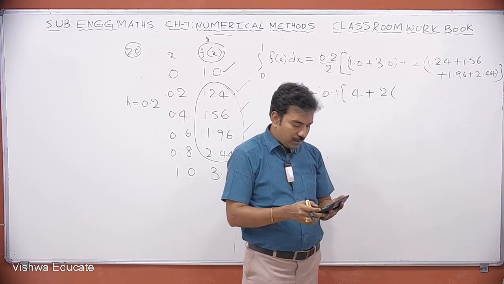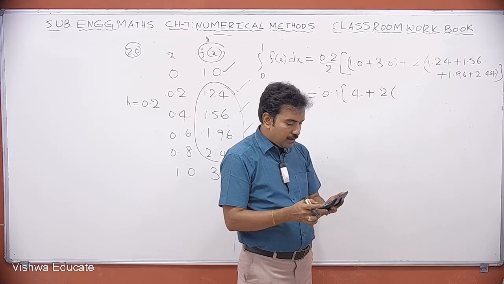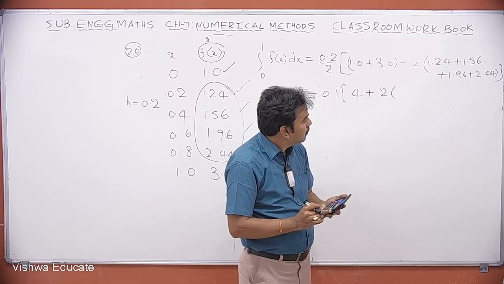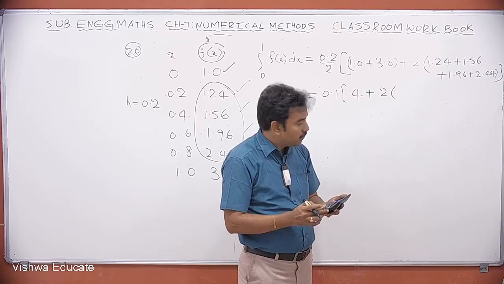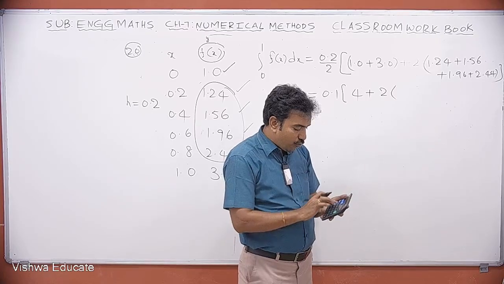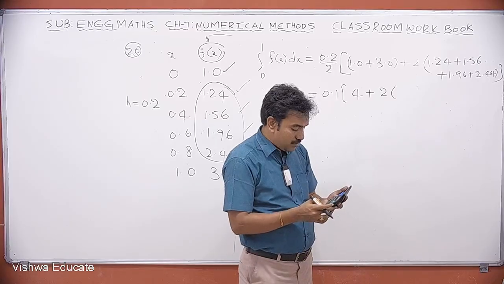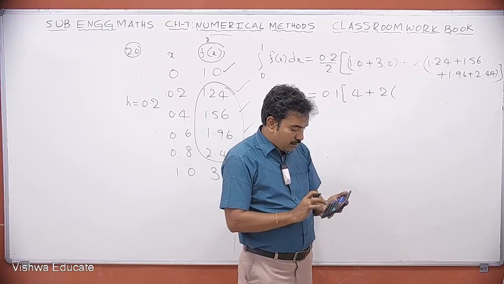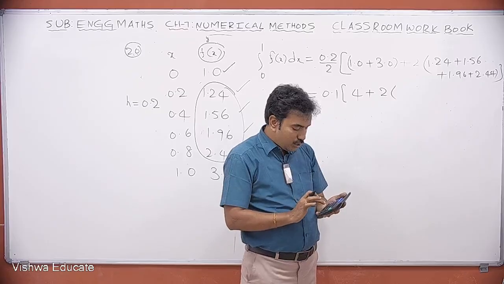1.24 plus 1.56 is equal to 2.8, plus 1.96 is equal to 4.76, plus 2.44.